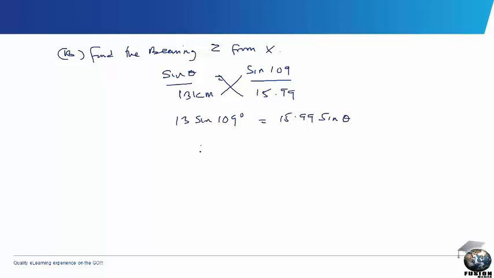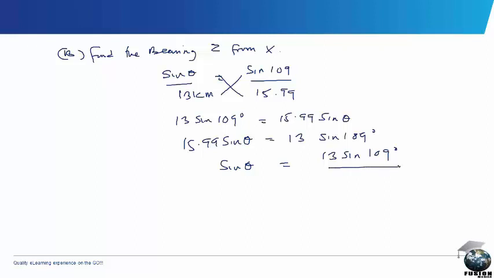I want to bring 15.99 sine theta to this side, so that sine theta will be equal to 13 sine 109 degrees all over 15.99.